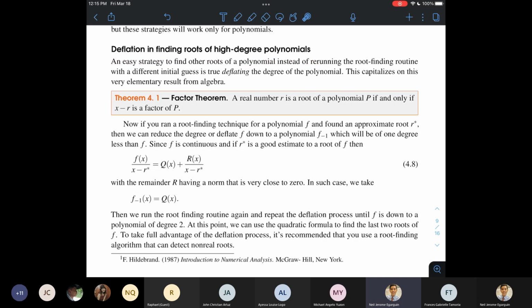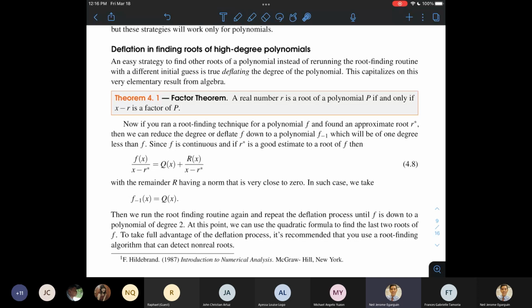Unahin natin yung deflation because you can use deflation method in conjunction with Mueller's method and any other method. Okay? Pero ideal gamitin yung deflation kapag ideal siyang gamitin with a method that can find complex roots. Makita nyo later kung bakit.